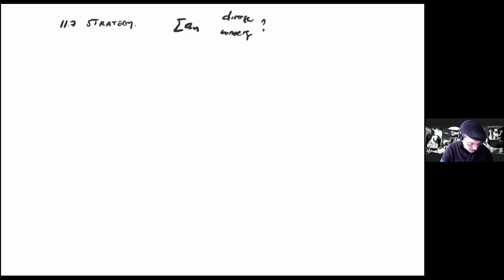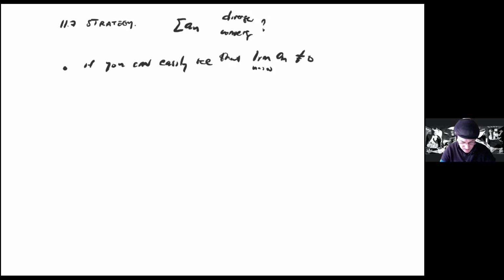So the first thing I would suggest is look at the terms a sub n. If you can see easily that the limit as n goes to infinity of a sub n is not 0, then the series diverges by the divergence test.